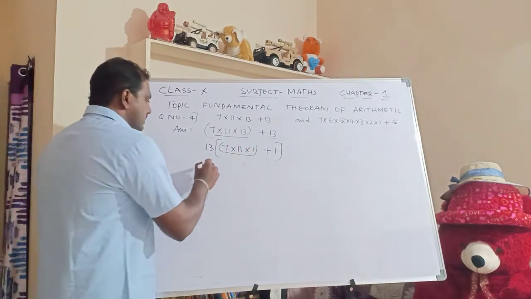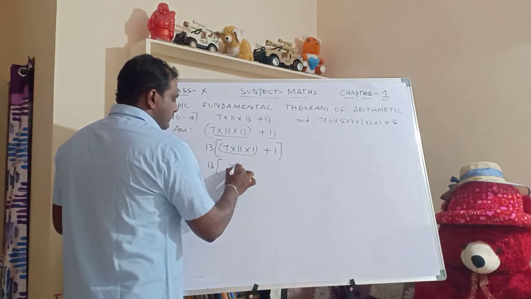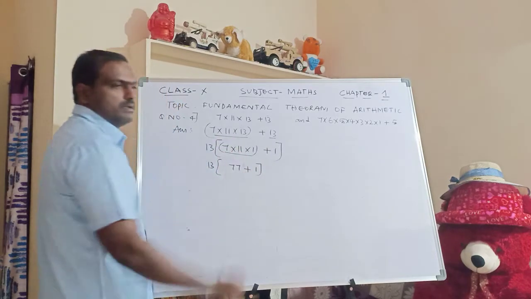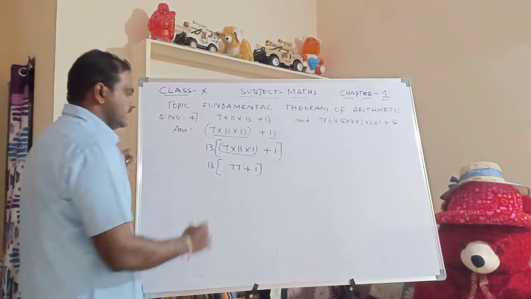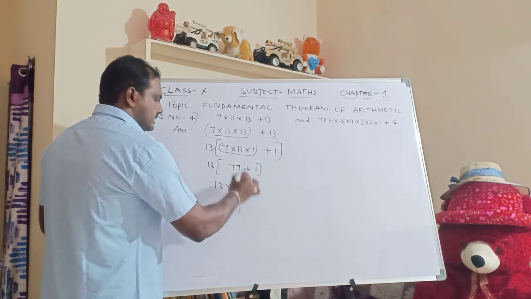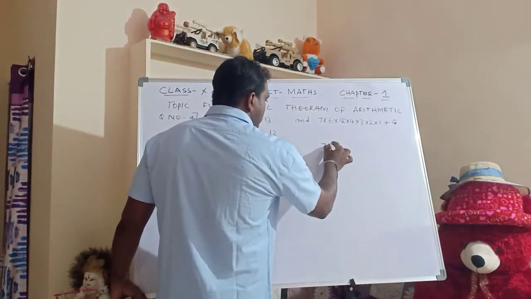Now what is the next step? 13 into, what are 7 11s? 77 plus 1. How much was it? 77. Now that is 13 into 78. Now how to write the prime factors of 78?